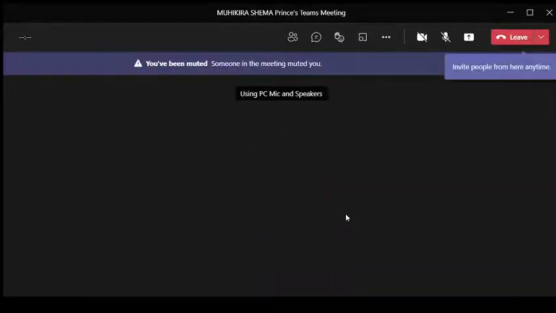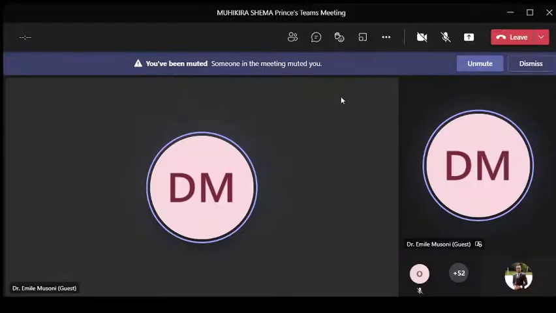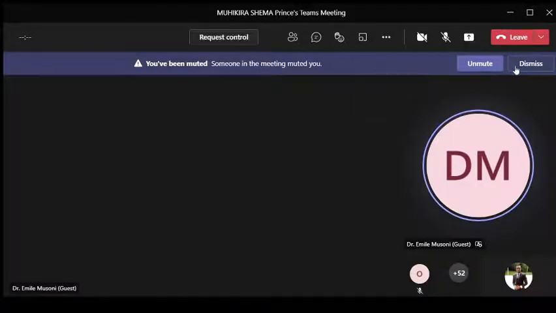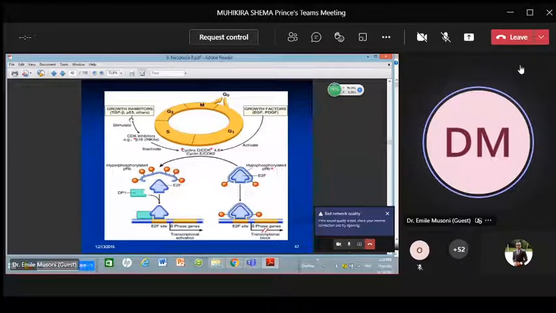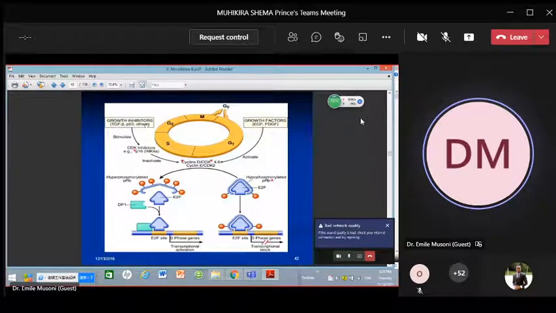Here they show an image of the growth factors and the suppressors in the cell cycle. I hope you still remember the cell cycle from cell biology.